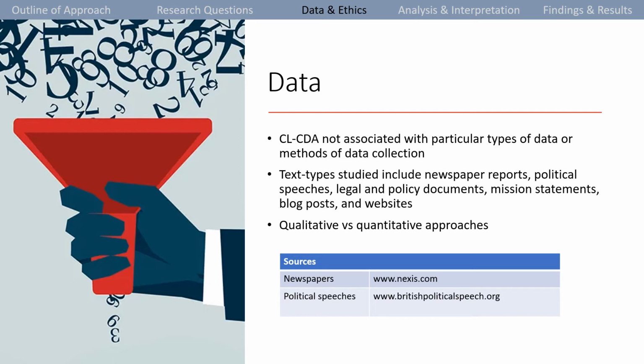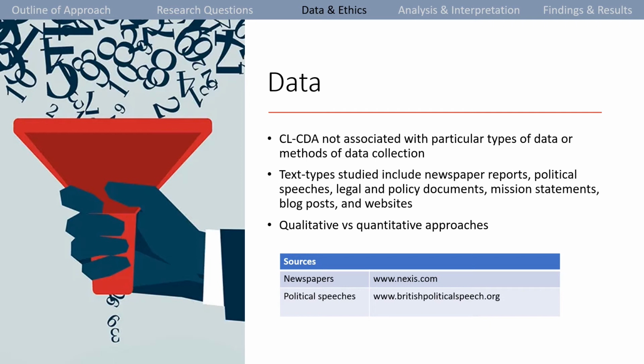In most cases, textual material is gathered from online sources. In the case of news reports, for example, this may come from newspapers' own digital archives or from online databases such as Nexis. Nexis gathers the contents of major national newspapers as well as some local publications in one place and is updated daily.